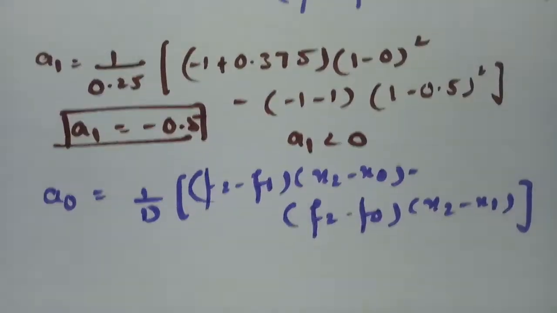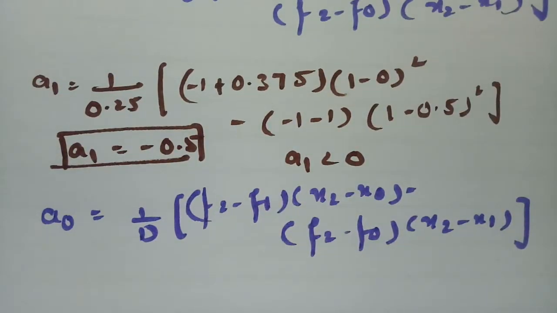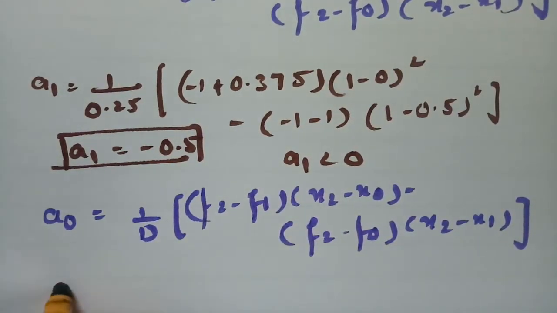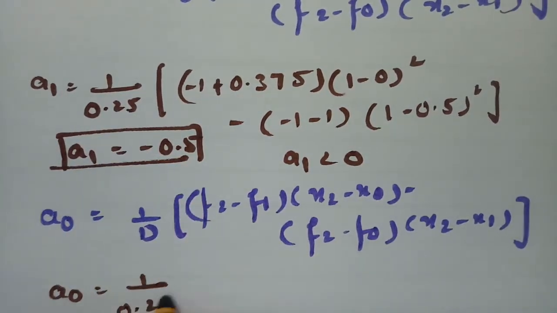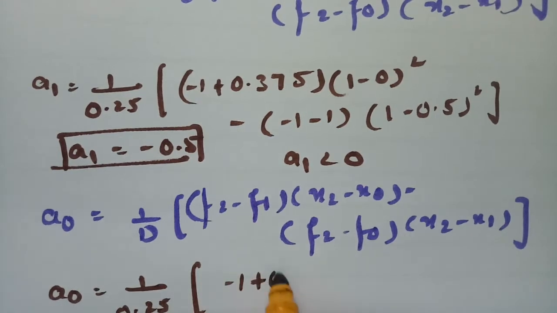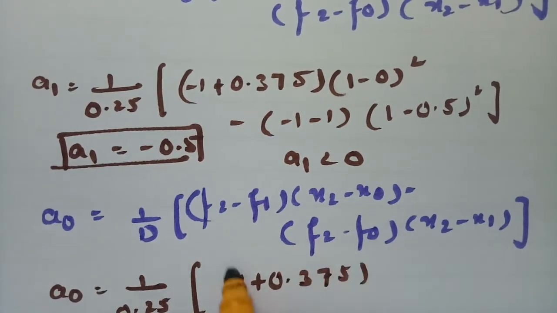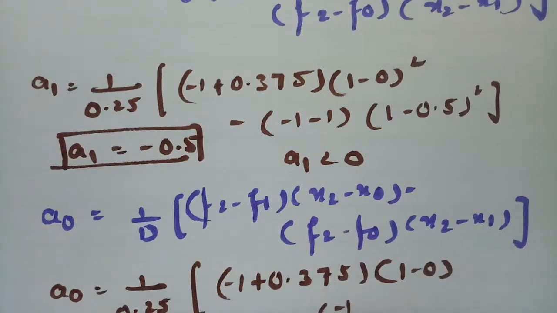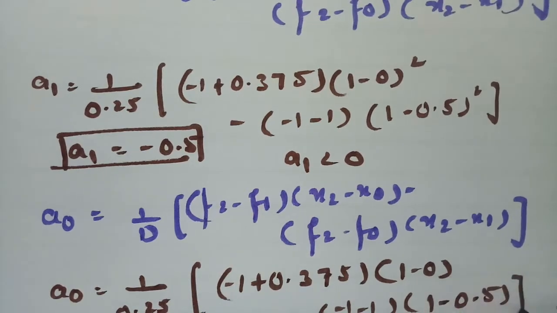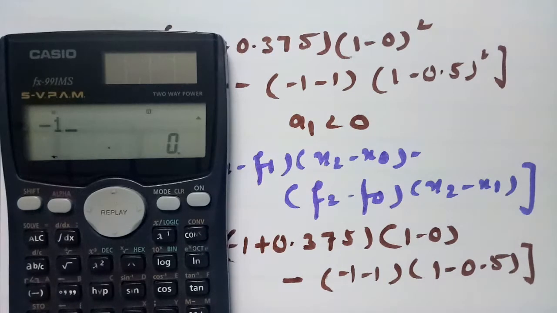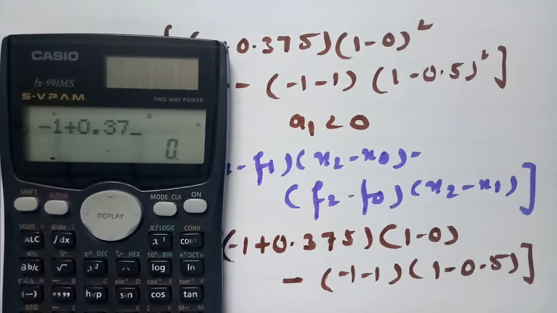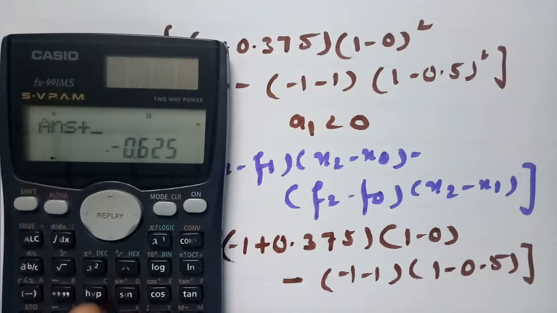Substituting all the values, 1 by D is 1 by 0.25, that is minus 1 plus 0.375 into 1 minus 0, minus (minus 1 minus 1) into 0.5.